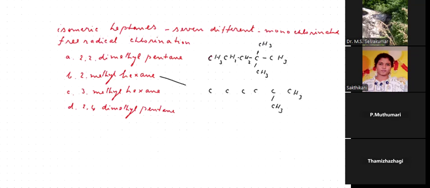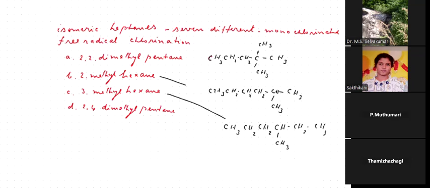So this is 2-methyl hexane. Third compound is CH3, CH2, CH2, CH3, CH2, CH3. 1, 2, 3, 4, 5, 6, 7.